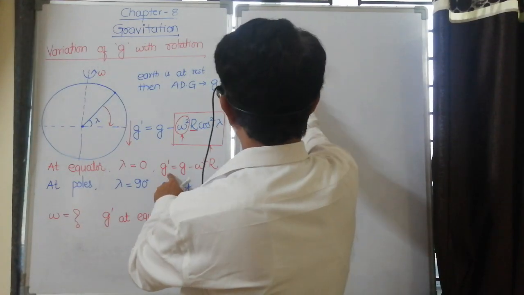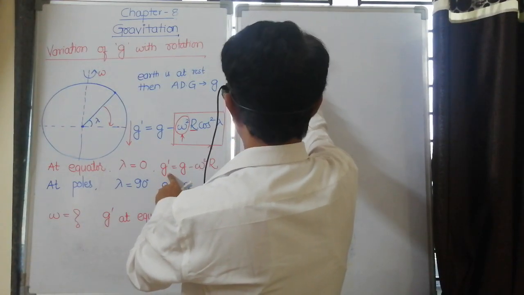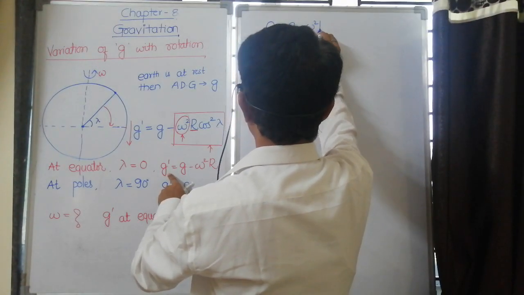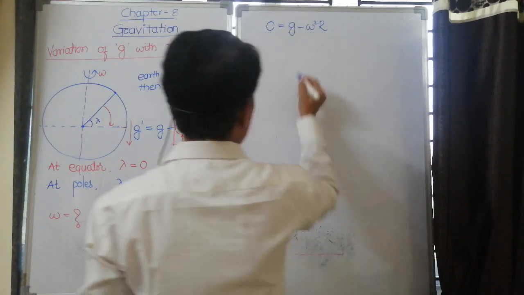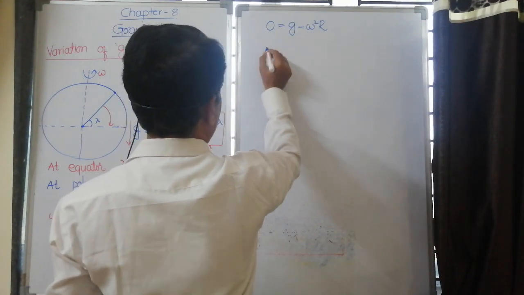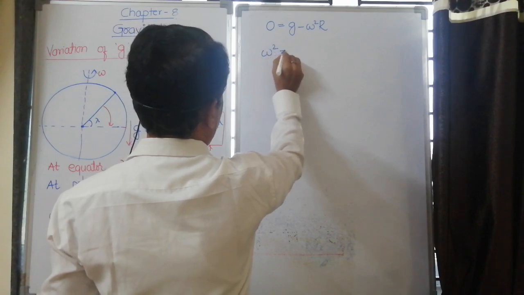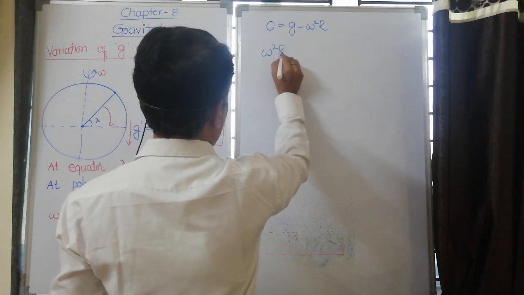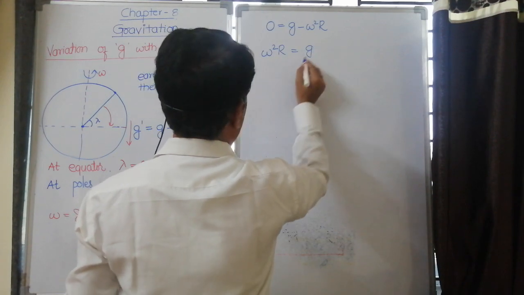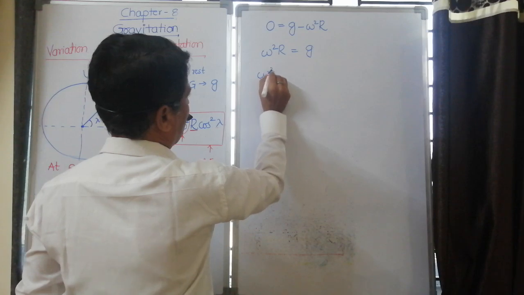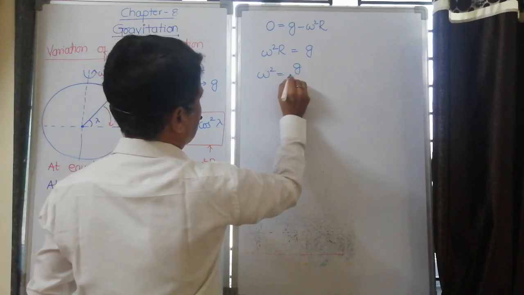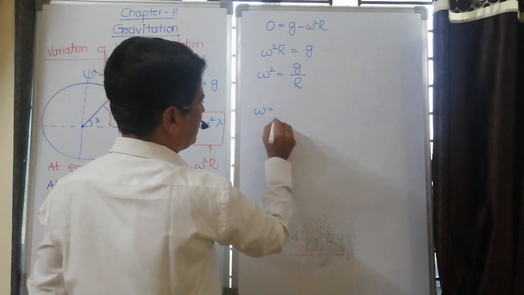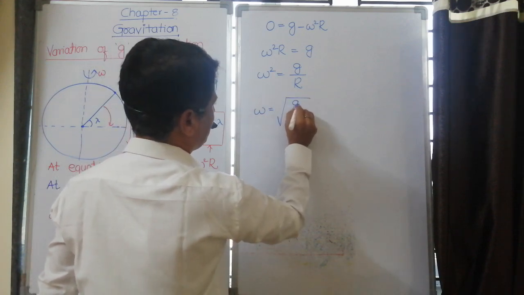Here 0 is equal to g minus omega square r. If I bring it to this side, omega square r is equal to g, or omega square is equal to g by r, or omega is equal to under root of g by r.